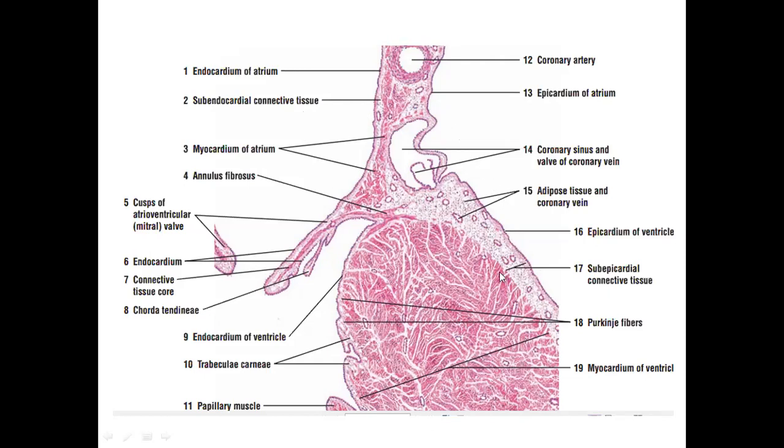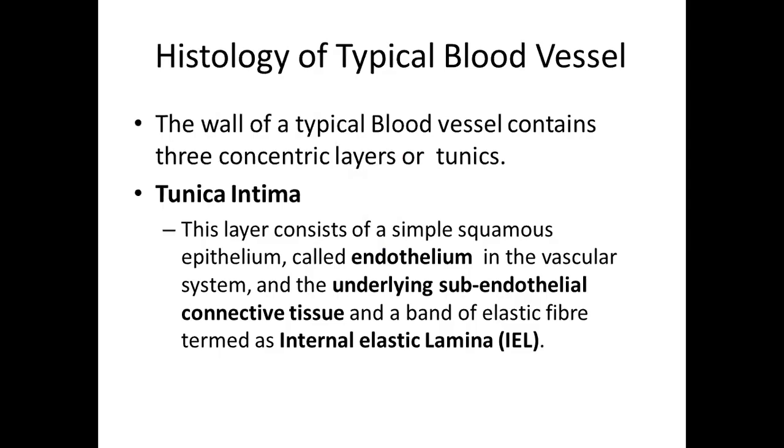So this is going to help you to demarcate or differentiate the innermost layer endocardium and the outermost layer epicardium. Between them, it is quite evident that you can easily identify the muscular tissue. So the next part is a general introduction of the basic histology of a typical blood vessel.